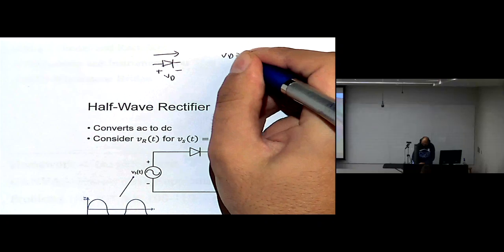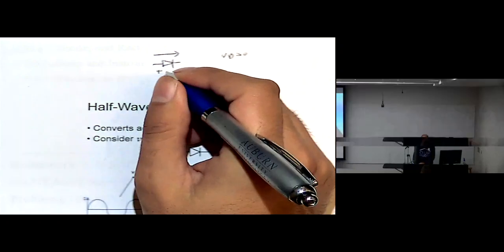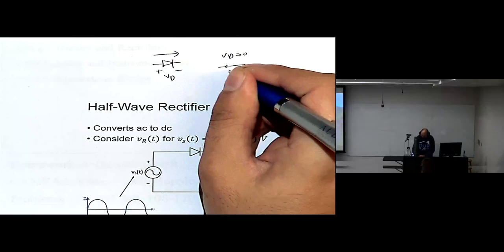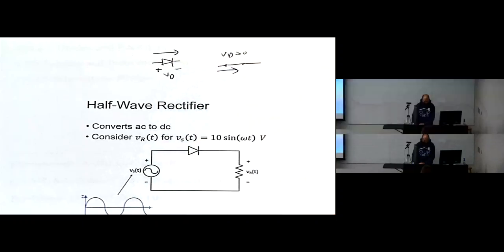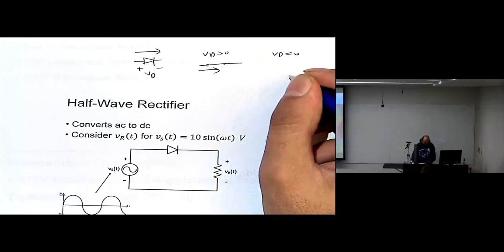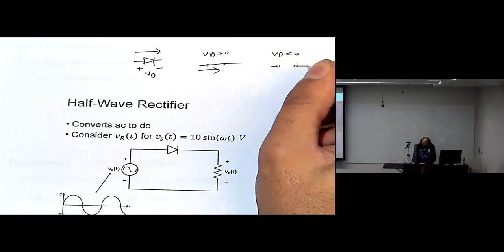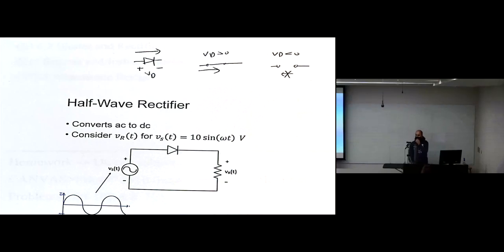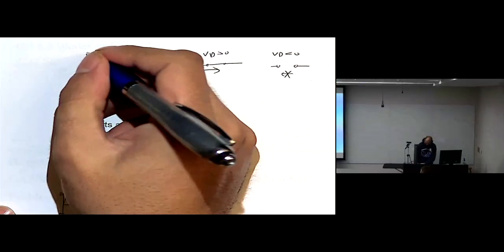If VD is positive, then the diode will be a short circuit and the current will flow this way. And if VD is negative, then it will be an open circuit, so the current cannot flow in the opposite way. This is basically the ideal diode.